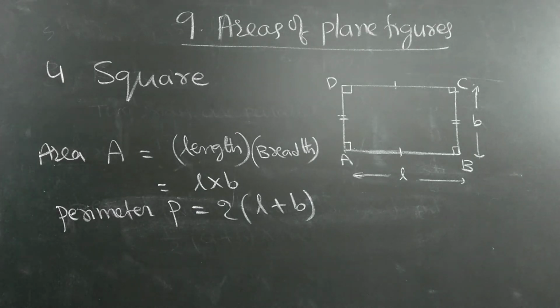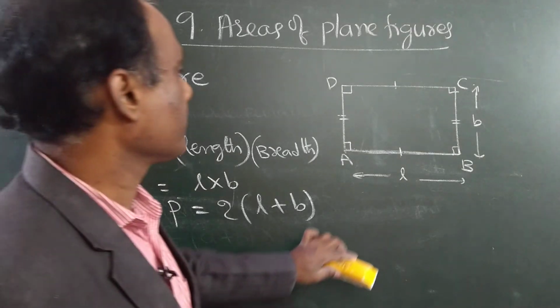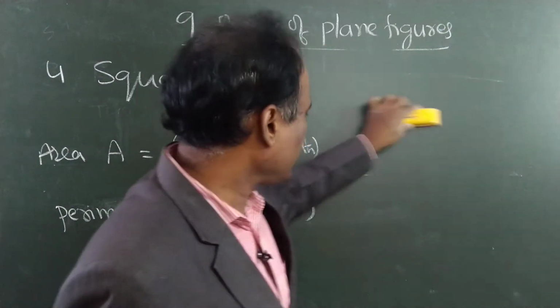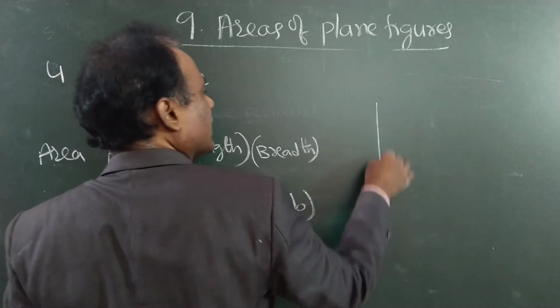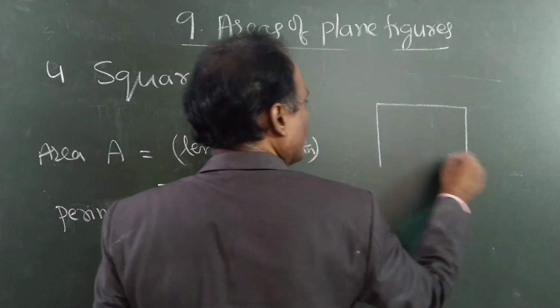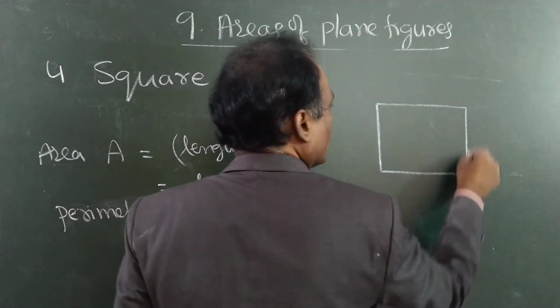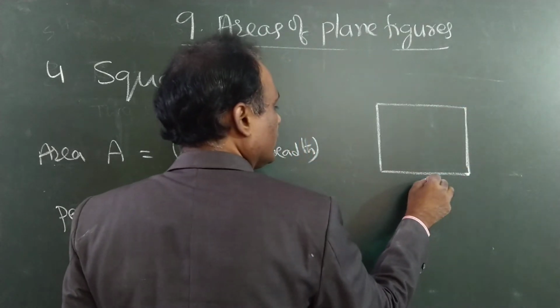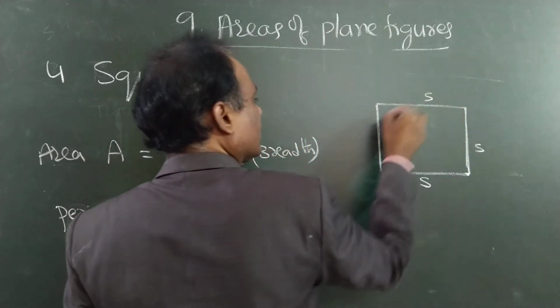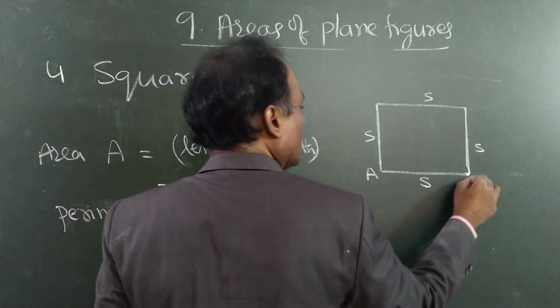Write the next formula. In this rectangle only, if all sides are equal, it will become square. Square means all sides are equal.